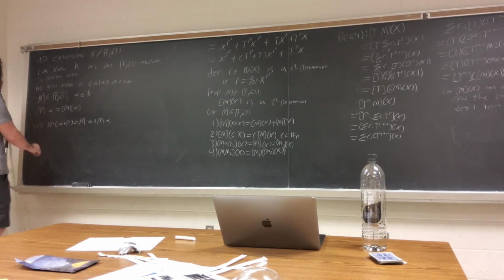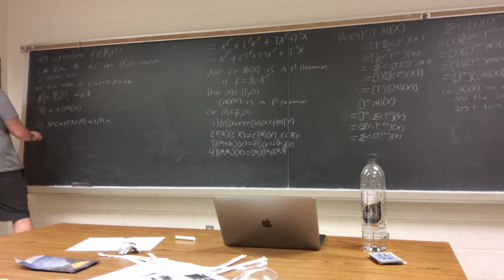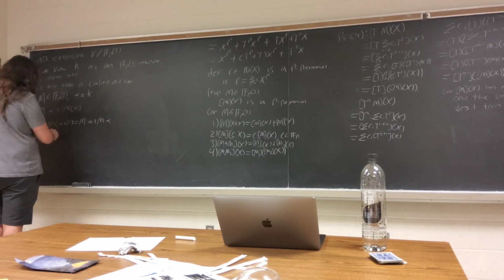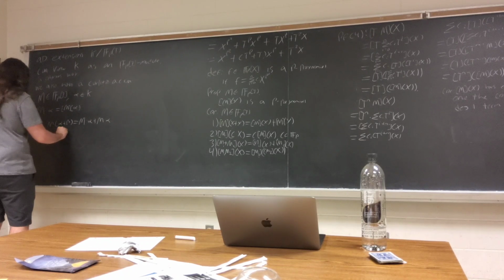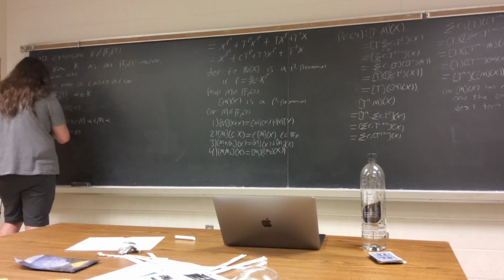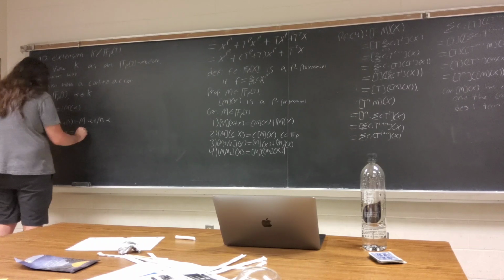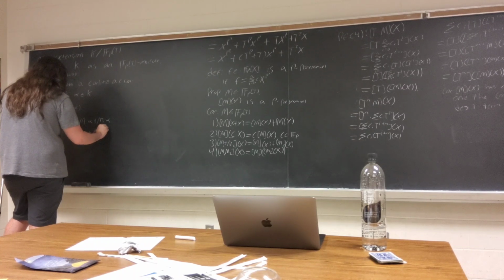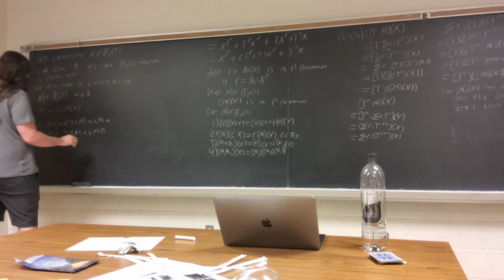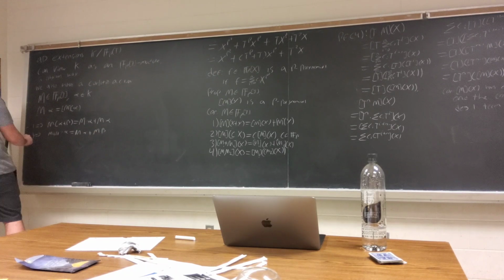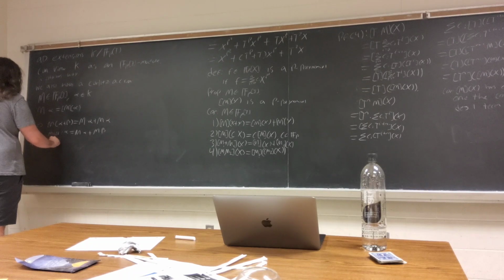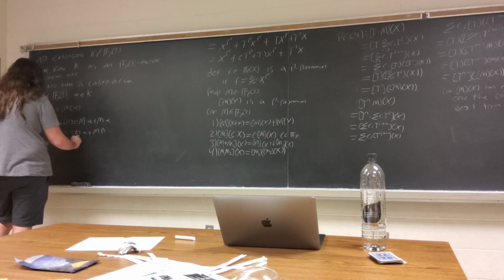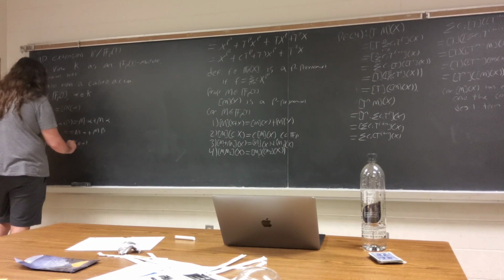Then the next gives us that m plus n acting on alpha is m acting on alpha plus n acting on alpha. And the last gives us that m times n acting on alpha is m acting on n acting on alpha.